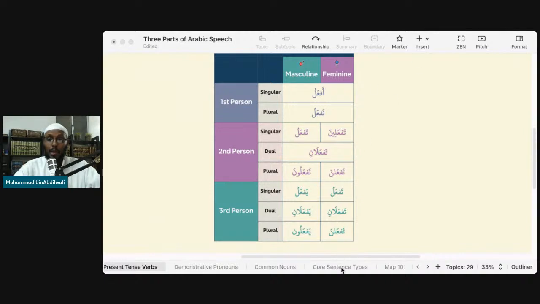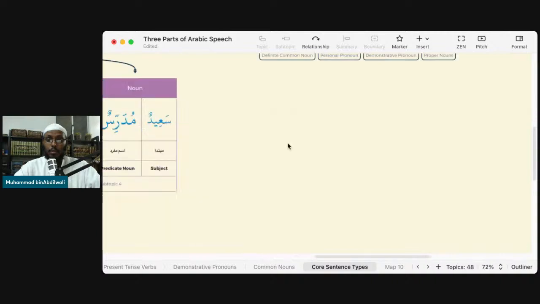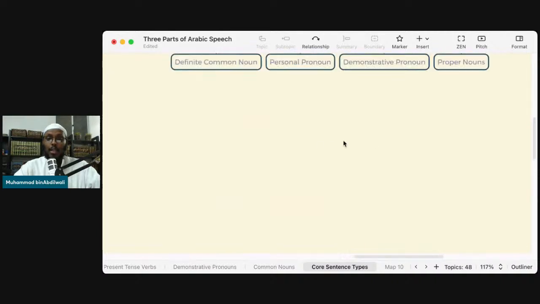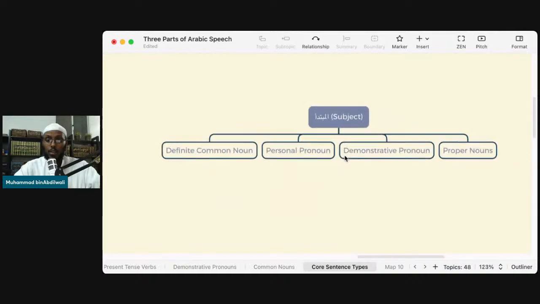A mubtada, barakallah fikum, can mainly be one of these four things. Okay? It can either be a personal pronoun. So basically, any sentence can start with a personal pronoun. Remember those 12 personal pronouns we talked about? You can start any sentence with them.